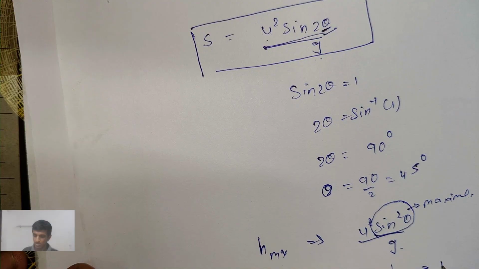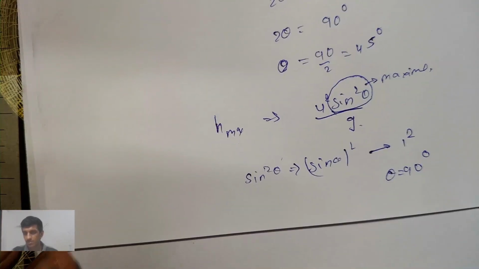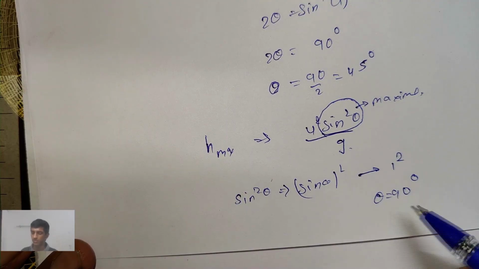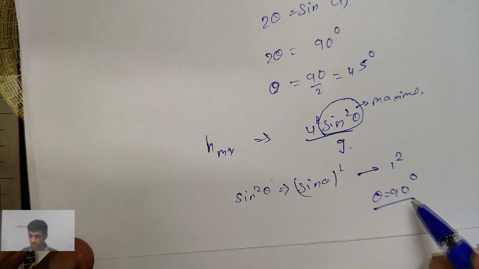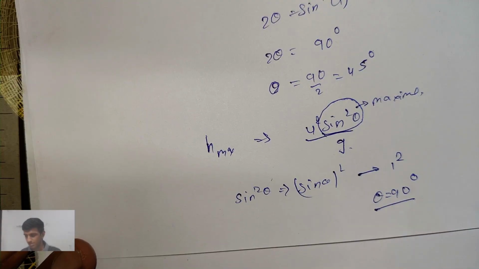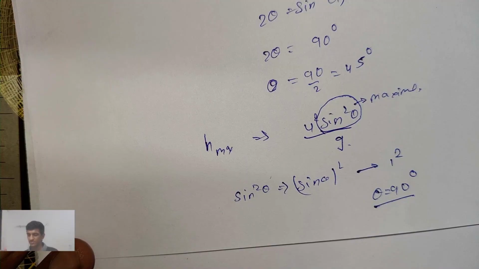Its maximum is 1 square. When is sine theta 1? When theta equals 90 degrees. So to have the maximum height for a projectile motion, we need theta equal to 90 degrees, in which case, basically instead of projectile motion, we'll be doing motion in one dimension along the vertical axis.